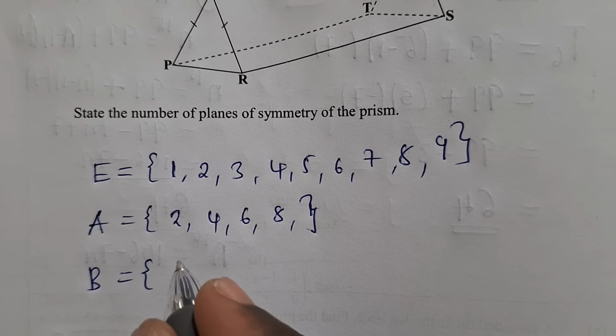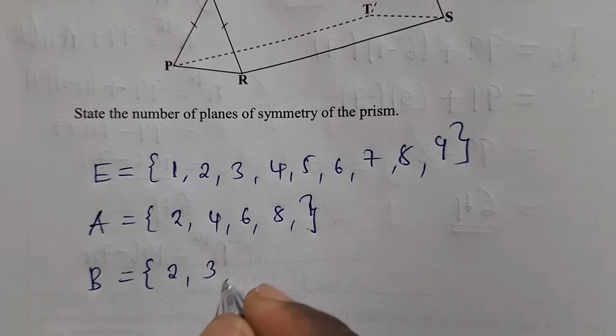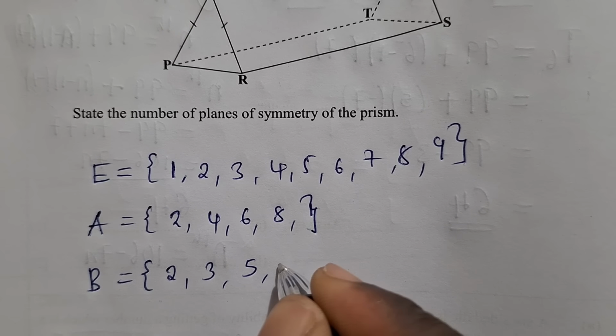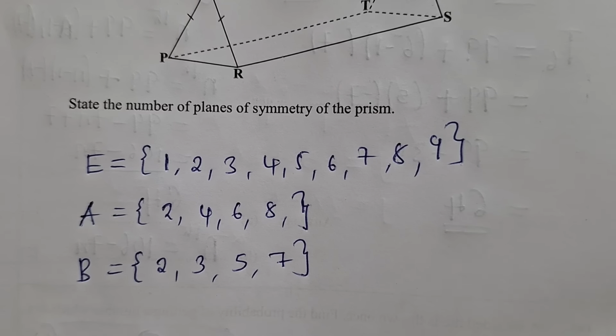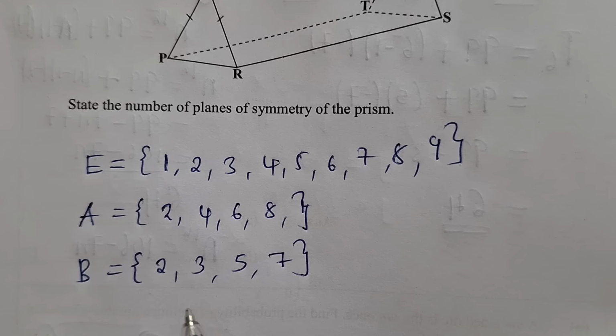So prime numbers will be 2, 3, 5, 7. Okay, so these are the prime numbers. And when we talk about prime numbers, we are talking about numbers which can only allow itself and 1. It has only 2 factors, 1 and itself. These are the prime numbers.